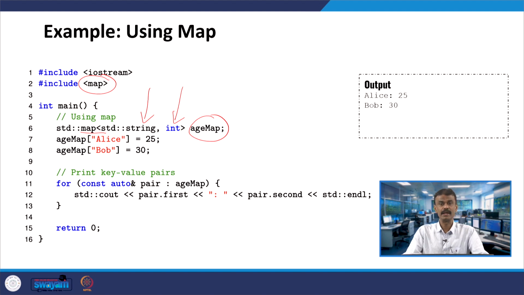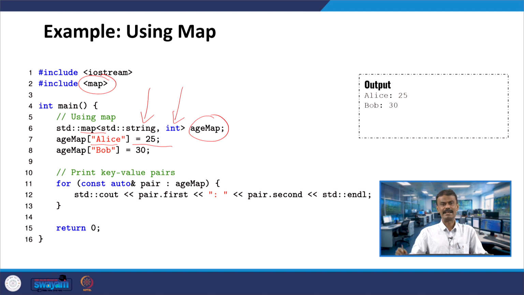Here we have a pair, one data type is string, another is integer, and age map is the object. Now we are writing age map of the string name Alice, and that is equal to 25.